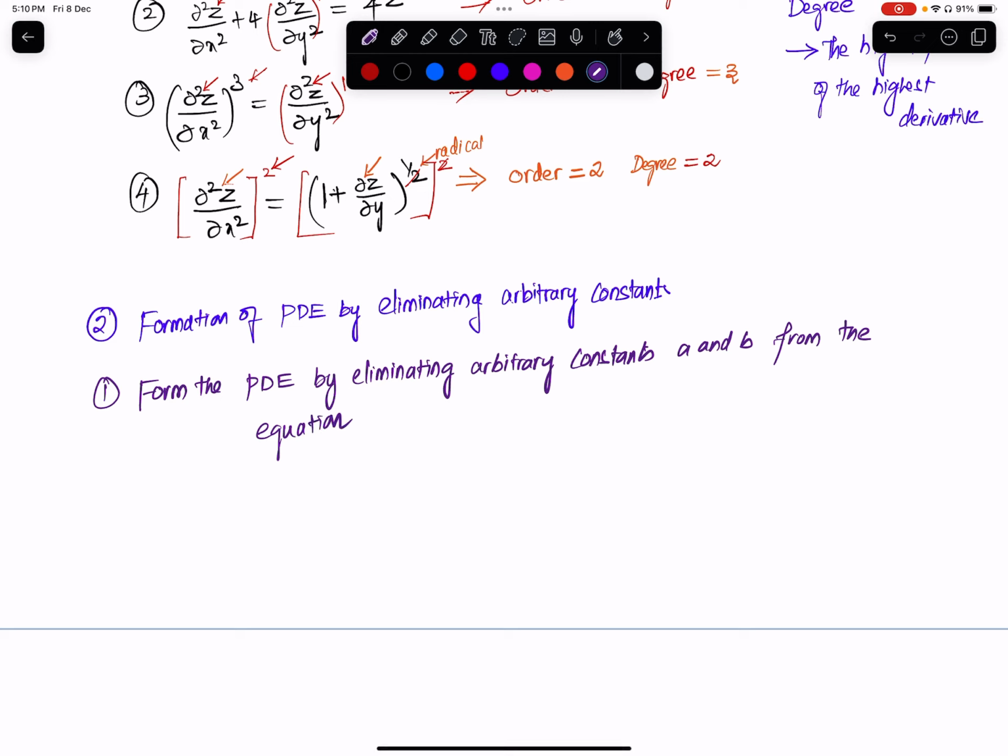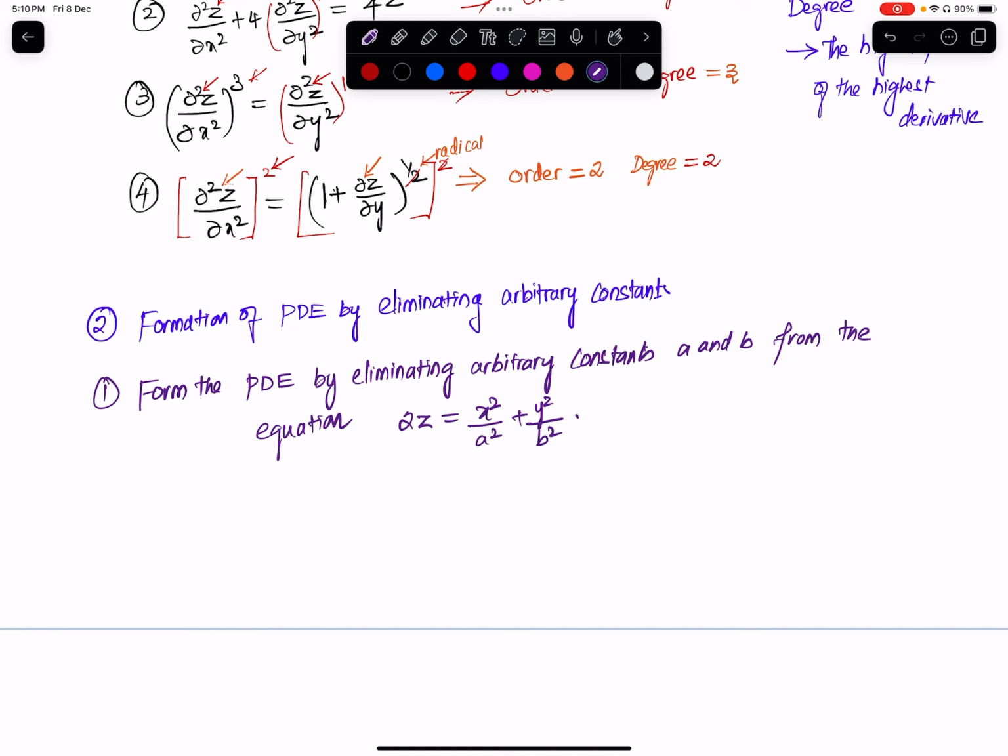What is the equation? 2z is equal to x square by a square plus y square by b square. Okay, so you know the old stories from when we formed the ordinary differential equation. First you have to count the number of arbitrary constants, and after finding that number, you have to differentiate that many times.